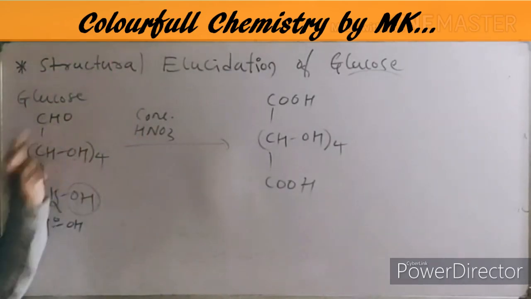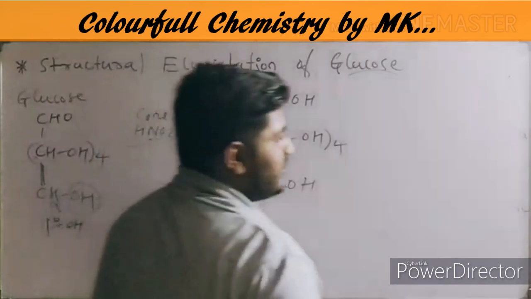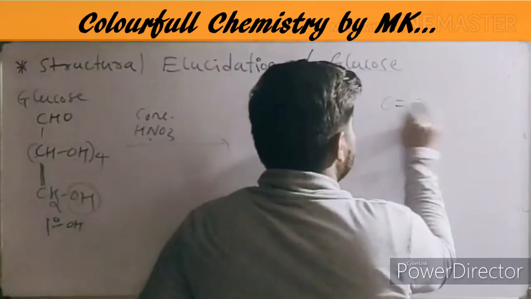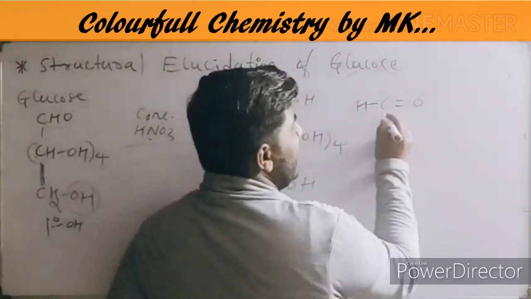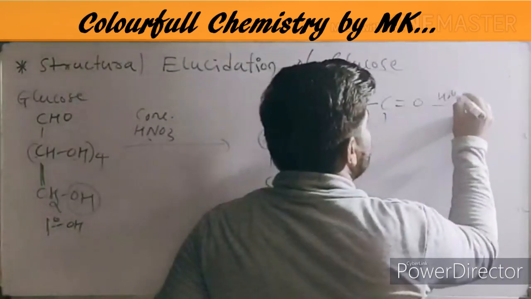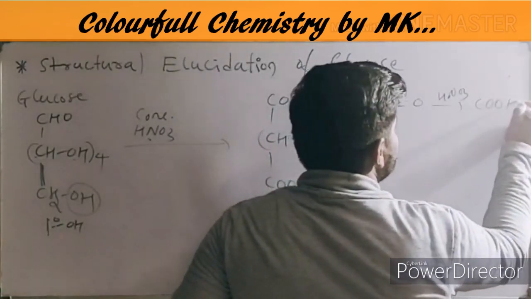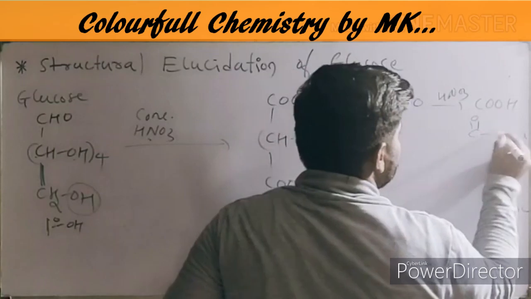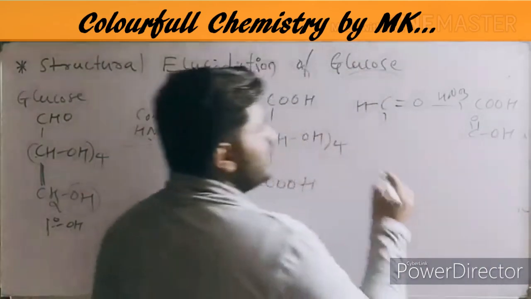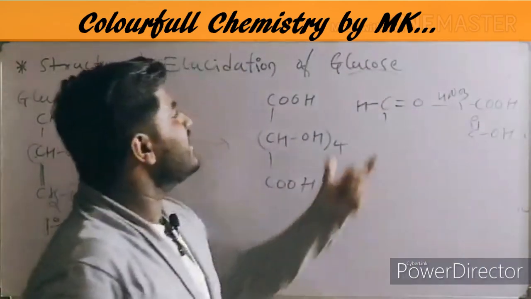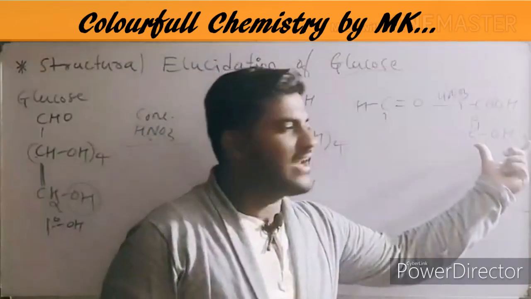Look here, what is the nature of HNO3? It will oxidize. Look at it, this one may be an aldehyde or it may be a ketone. When you add HNO3, it becomes like this. Are you getting, guys? Aldehyde when reacted with HNO3 gives carboxylic acid.